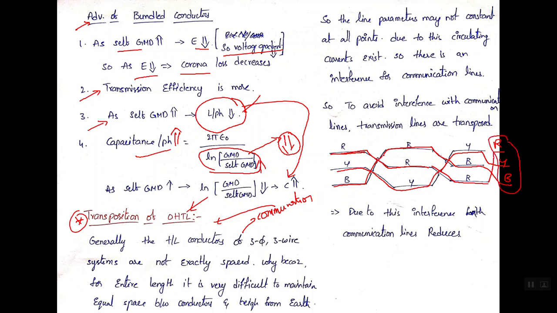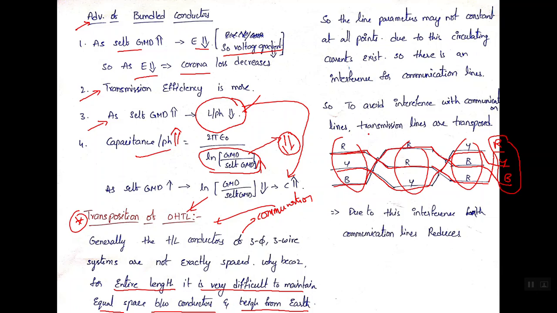What happens due to this transposition? In overhead transmission lines, for the entire length it is very difficult to maintain equal spacing between the conductors and height from the earth.